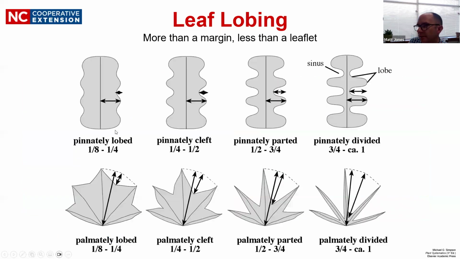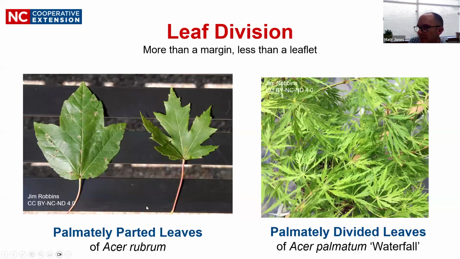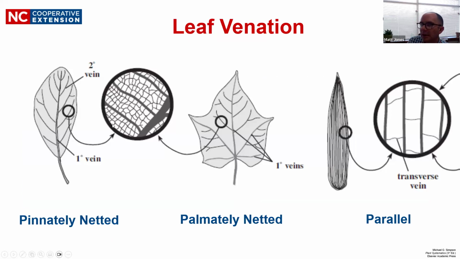So we'd probably call that somewhere between lobed and cleft, palmately so. Compare that to a cultivar of Japanese maple, where they're very clearly divided. I said parted here, but see how deep those divisions go, all the way to the base of the leaf.